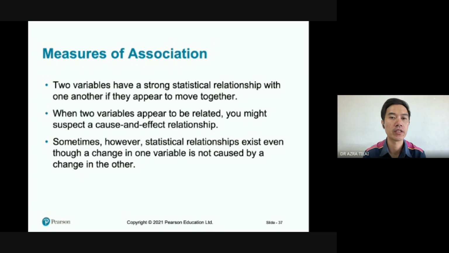Okay, measure of association. So in statistical relationship, we try to connect. For example, we want to know why there's an outlier from shooting the arrow. Is it because you didn't train enough? The training hours were not sufficient.